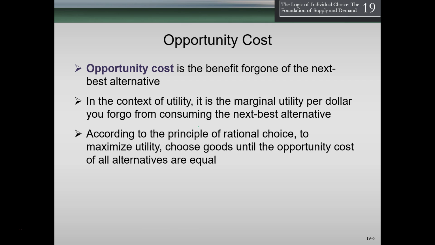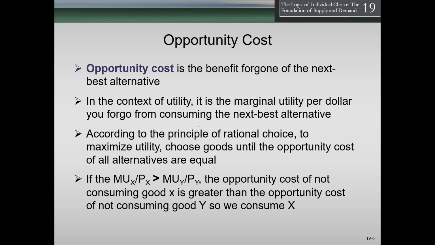So according to the principle of rational choice, to maximize utility, choose goods until the opportunity costs of the alternatives are equal. So if we're going to maximize our choice, then the opportunity cost of the thing that we gave up has to be equal. If all of them are equal, then we are maximizing our choices mathematically.